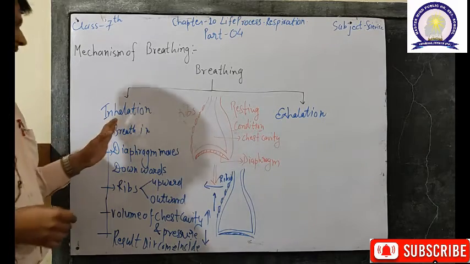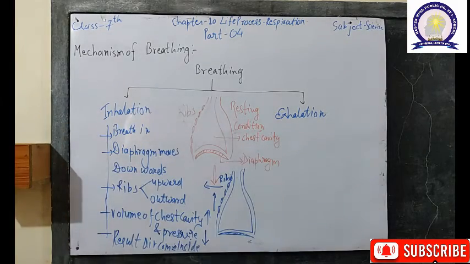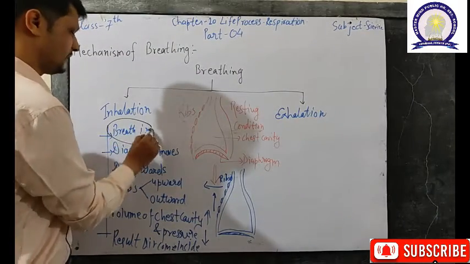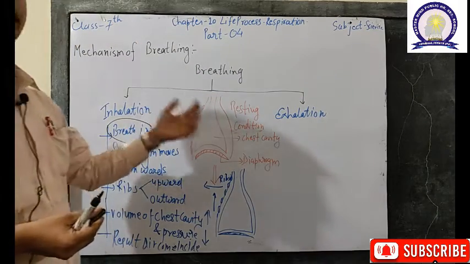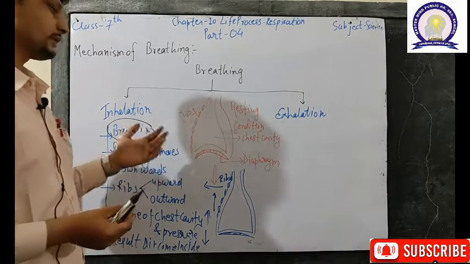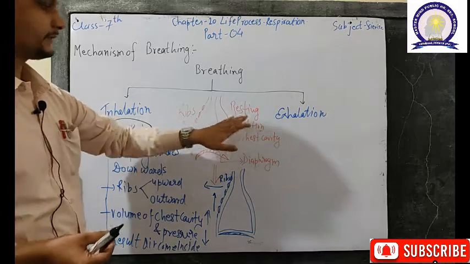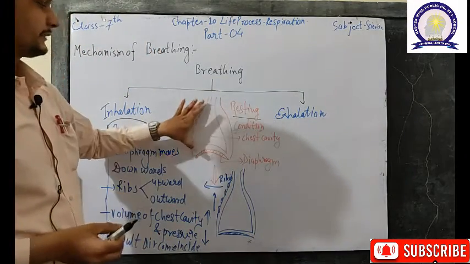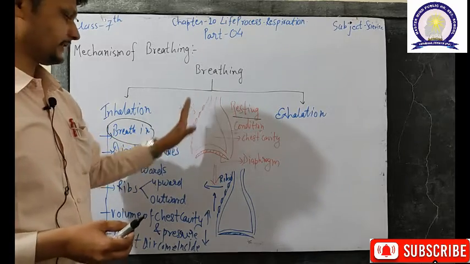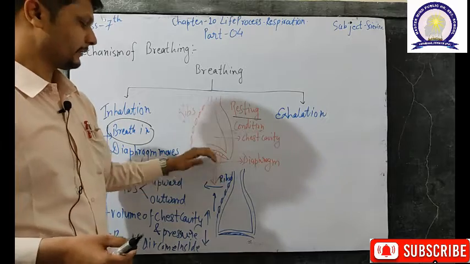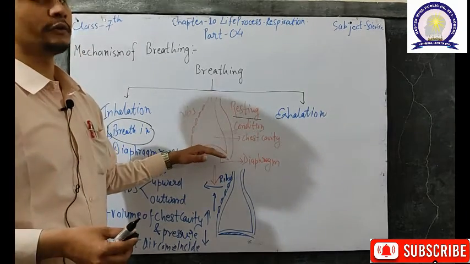In the process of inhalation, what exactly occurs? Inhalation, called breathing in, is simply taking air inside the chest cavity or thoracic cavity. First we see the resting condition. In the resting condition, the ribs are in their original place, the chest cavity is flaccid, and the diaphragm is somewhat dome shaped.